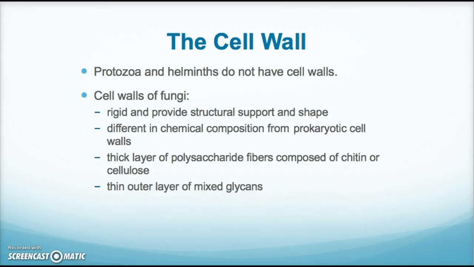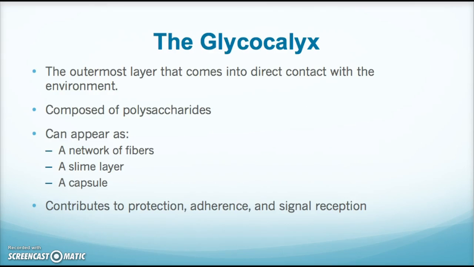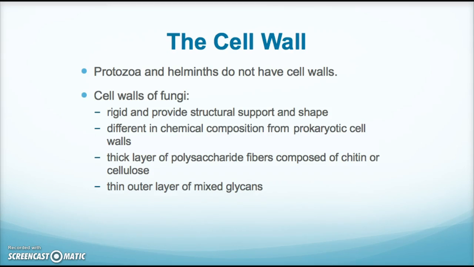The next layer as we move in is another one that we would only see in some eukaryotes. I should go back. The glycocalyx you do not see in all eukaryotic cells, but you see in some. The cell wall is similar to that. Not all eukaryotic cells have cell walls. For example, protozoa and helminths do not have cell walls. But fungi do have cell walls, and just like we saw with the prokaryotic cells, they provide rigidity, structural support, and shape.